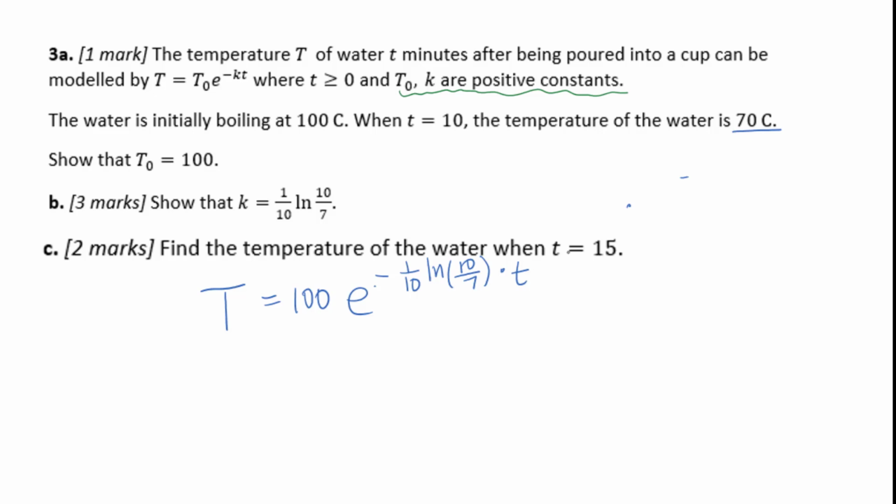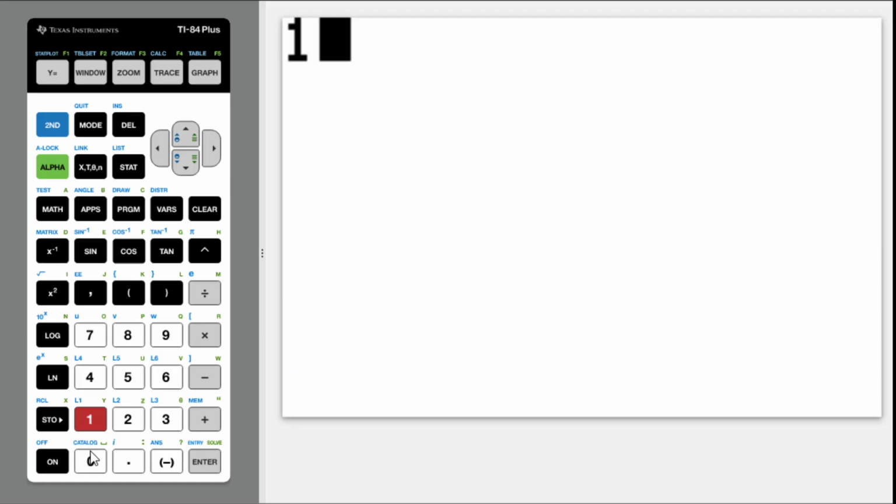Therefore, when t equals 15, the temperature equals 100 e to the negative 1 over 10 natural log of 10 over 7 times 15th power. We will put this into the calculator.